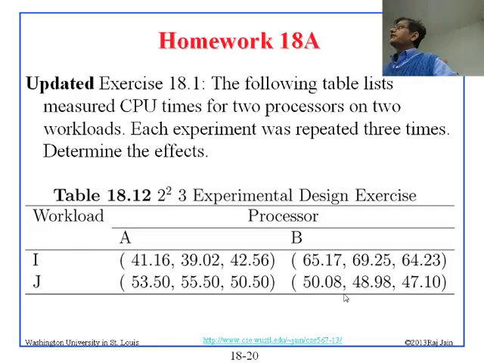All right, so now we have a homework. Let's see. This is just a repeat of the 2 raised to 2 times 3 design. So we have 3 values of A and 2 factors, A and B, and you have to prepare the table and determine the effect.